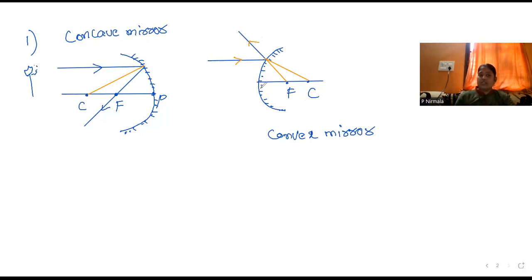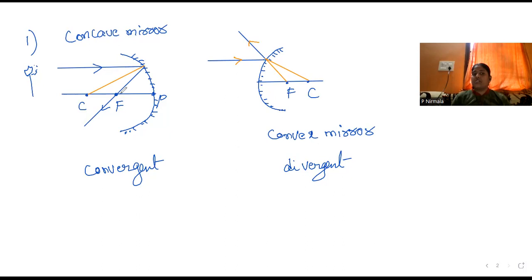Based on this case, we can clearly confirm which mirror is convergent and which is divergent. Which mirror is convergent? The concave mirror is convergent. Why is the convex mirror divergent? Let us know. Look here. The concave mirror is convergent because the reflection is towards the center.